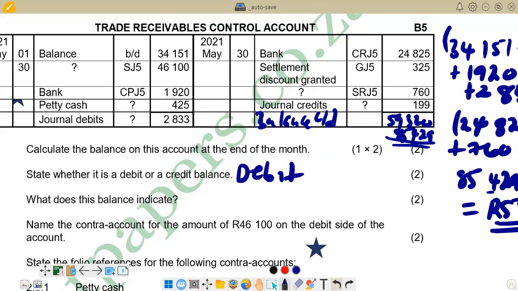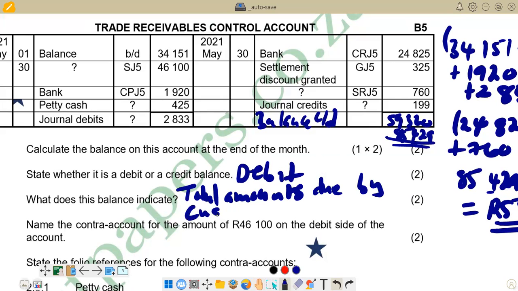So that's the explanation in terms of what does this balance indicate. So we can just say it indicates total amounts due by customers. Total amounts due by customers. So this is the response on that one.